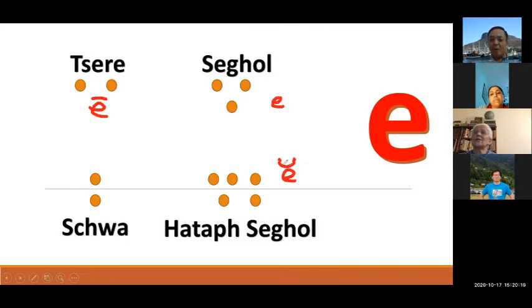Now the word Elohim is written like this, Aleph. Because there's a hataf sego here, it is pronounced as eh, very short, a reduced E vowel. Then you have Lamed with a dot here, which is lo, and then you have Hey with a dot here and a yod here.